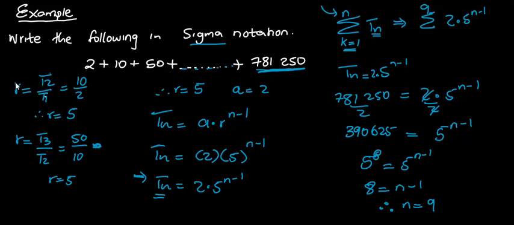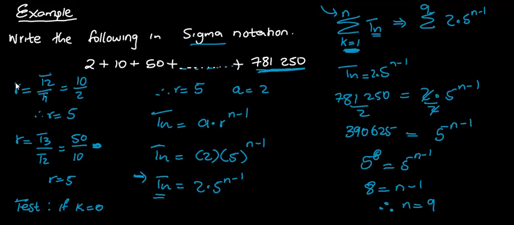This bottom number tells us if our sequence starts at 1 or starts at 0. So you're going to test if n is equal to 0.